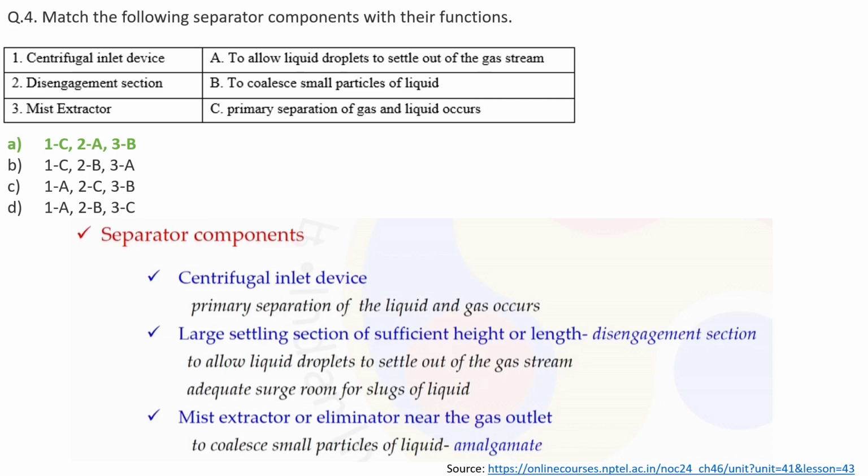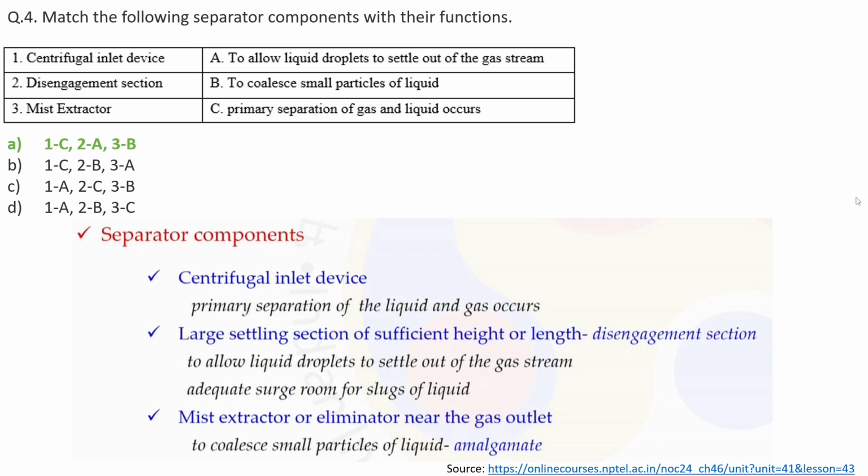And finally, the mist extractor or eliminator near the gas outlet is to coalesce the small particles of liquid or make it amalgamate. So these are the functions of the different separator components. So we have to match the components with their functions.